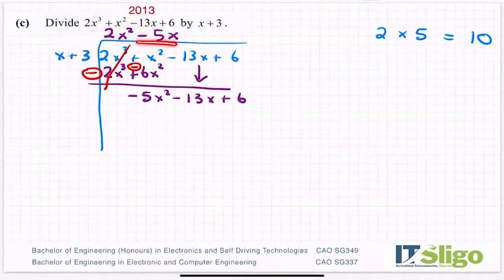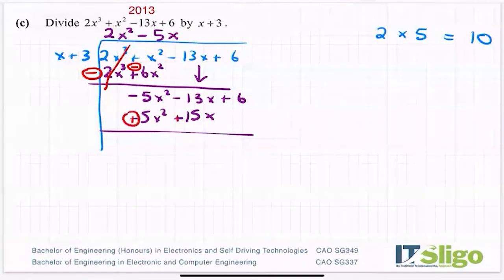So minus 5x by x gives me minus 5x squared. Minus by plus gives me a minus. 5 by 3 gives me 15x. Okay, change the sign.